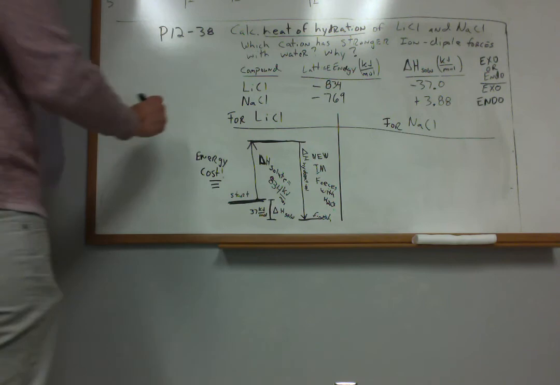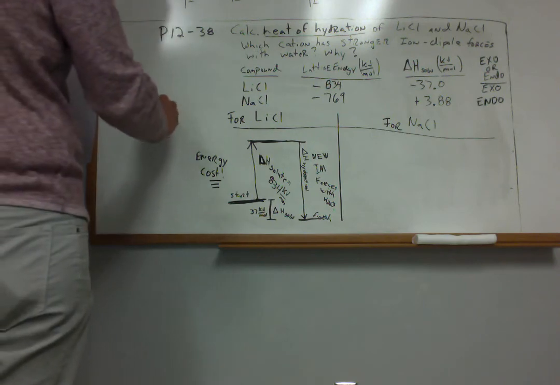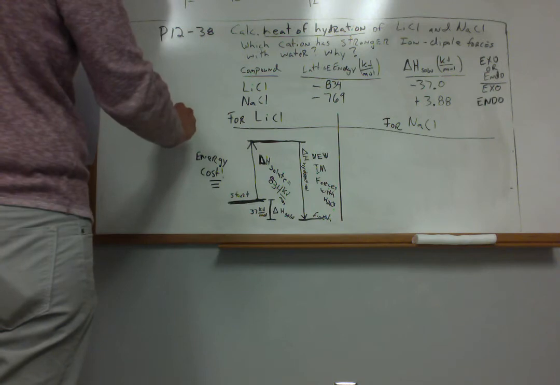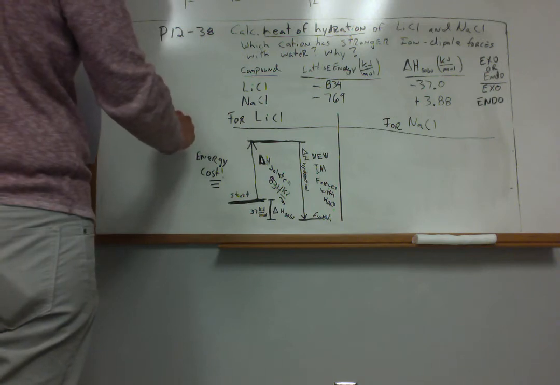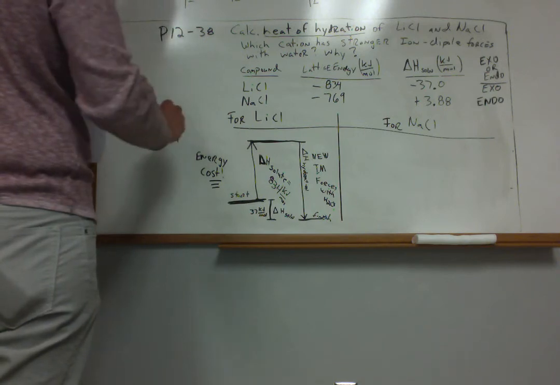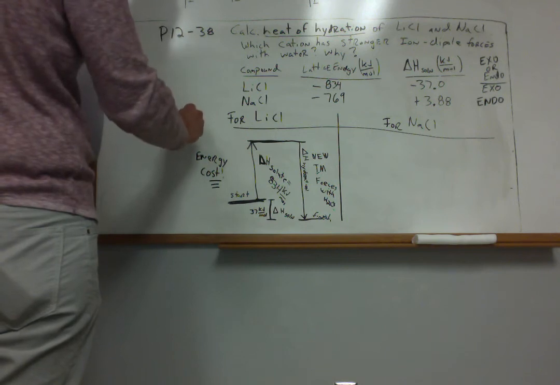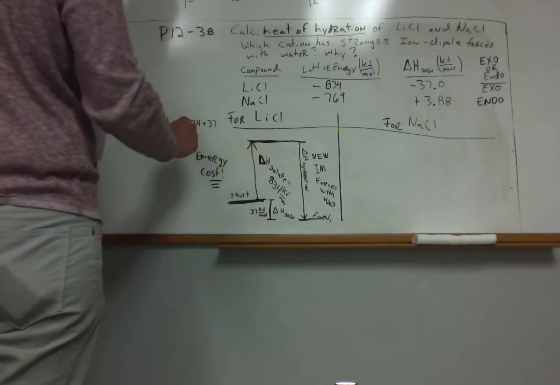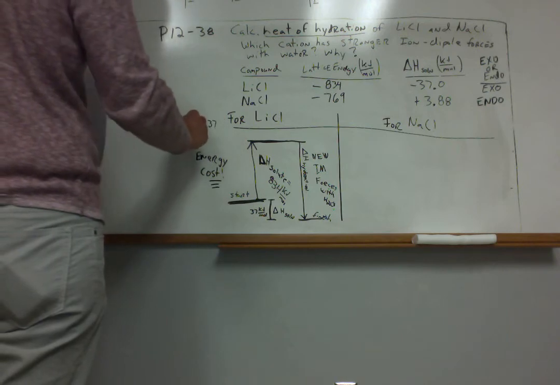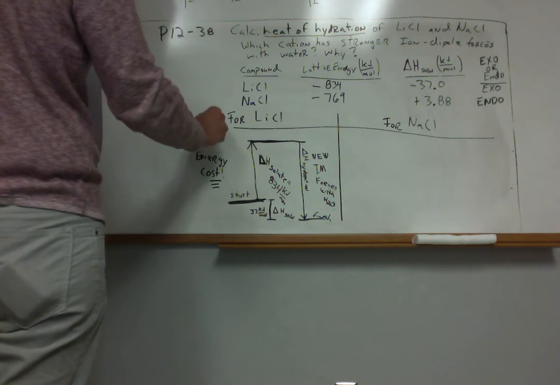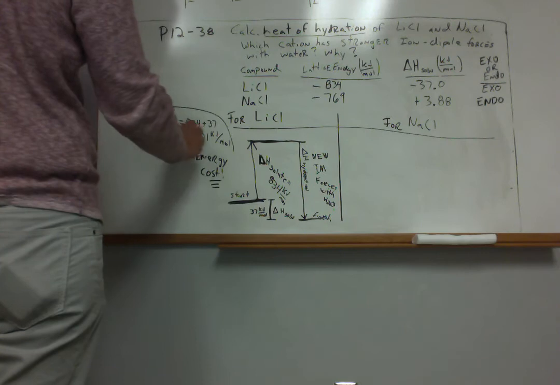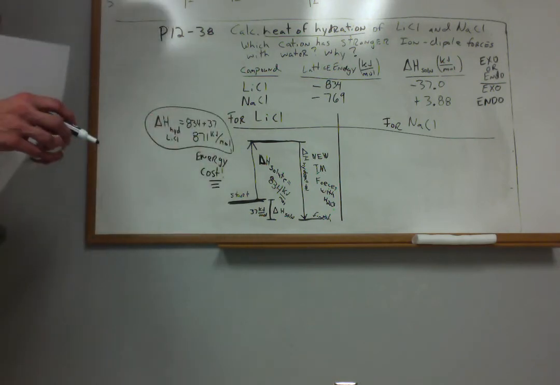In this case, delta H hydration for lithium chloride is equal to 834 plus 37 kilojoules per mole. And if you do the math on that, you get 871 kilojoules per mole. So that's the answer for lithium chloride.